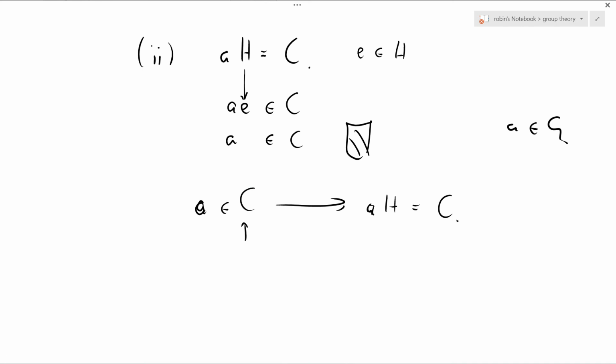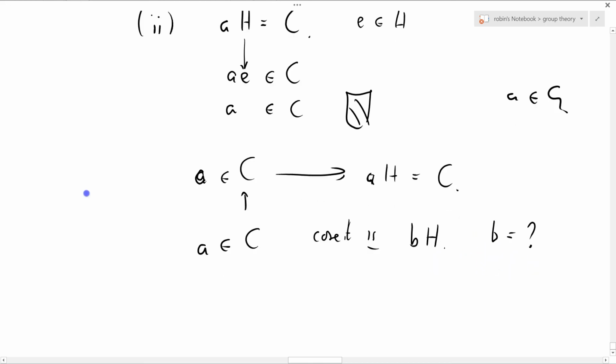Okay. Well, so what I want to do is to work out what the coset actually is. So if I've got A is a member of C, what that tells me is that, well, let's just say that the coset is BH, but I don't know what B is. B equals something, which I don't quite know yet.